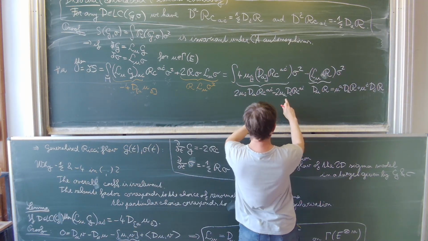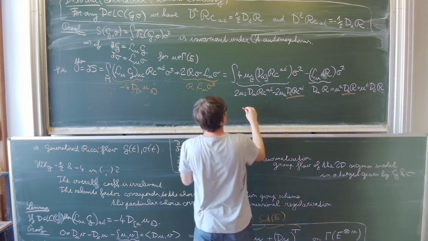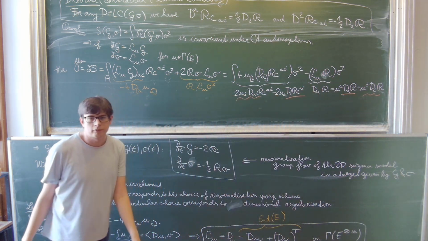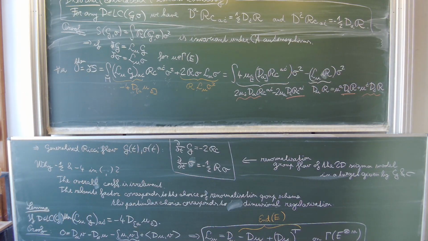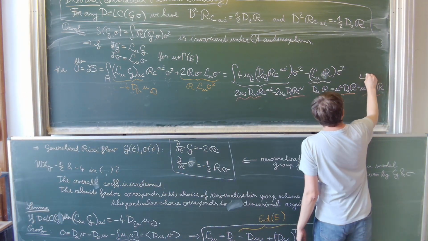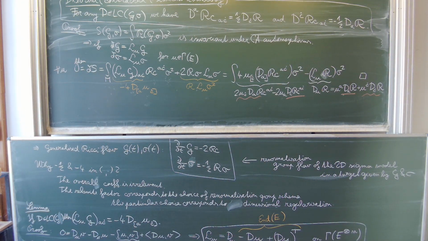The U A part needs to be equal to this one, so this has to be equal to that, and this has to be equal to that. Cool, right? Unless I messed up the coefficient, I hope not.